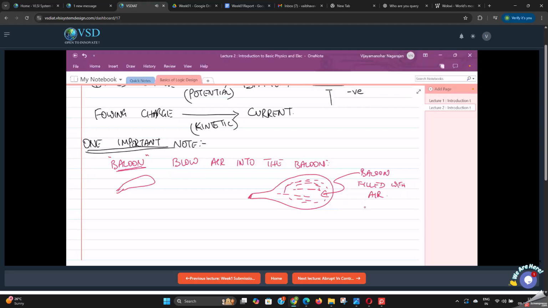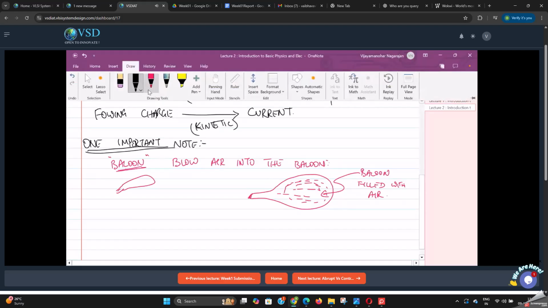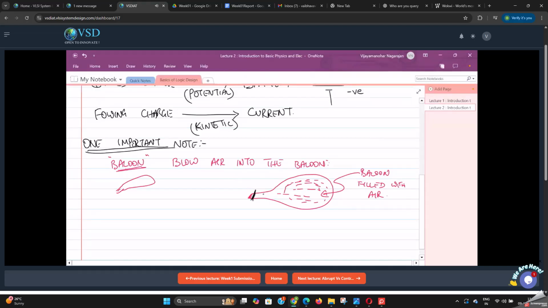If I blow the air into the balloon and close the mouth of the balloon, this is a balloon storing air. Storing means what? Potential energy.